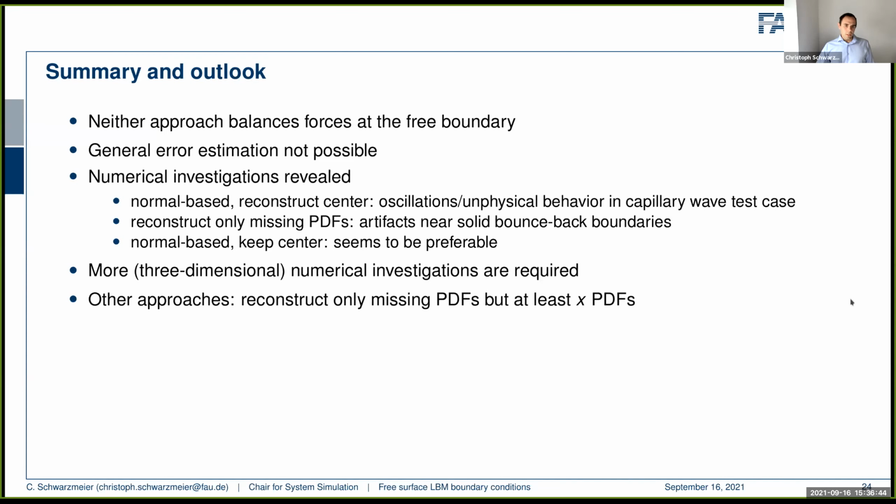The numerical investigations, on the other hand, revealed that the normal-based approach where we reconstruct the center showed some unphysical behavior and oscillations in our capillary wave test case. The approach where we reconstruct only missing PDFs showed some artifacts near solid bounce-back boundaries.